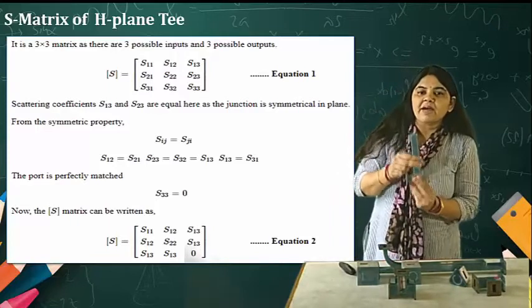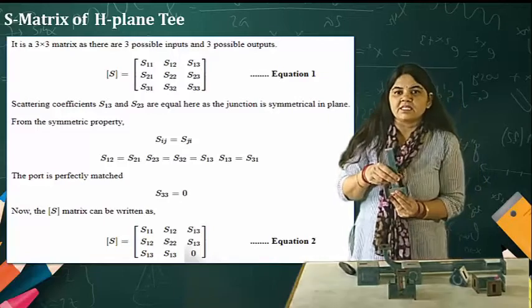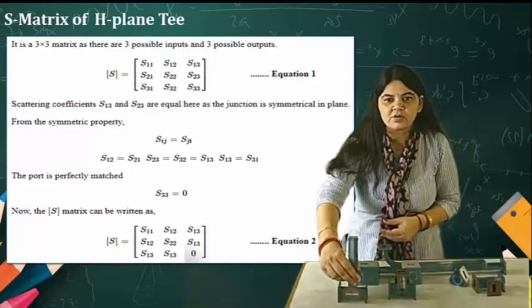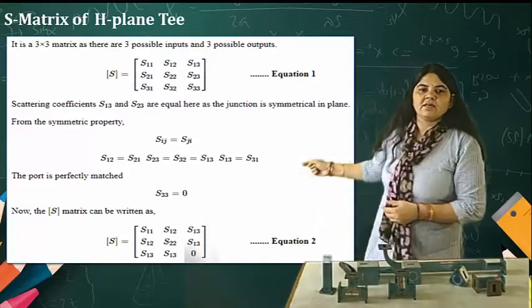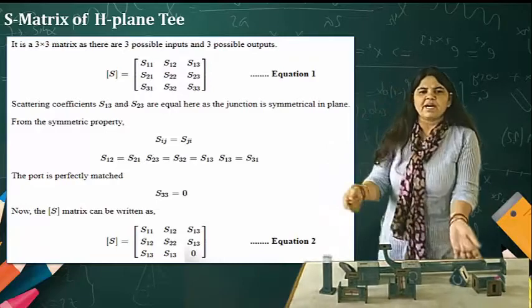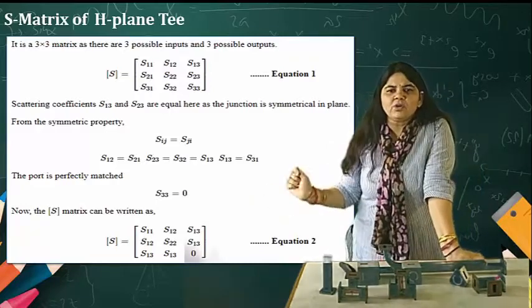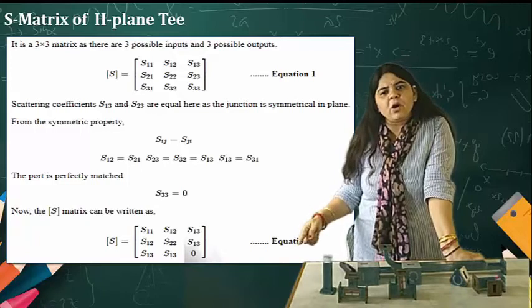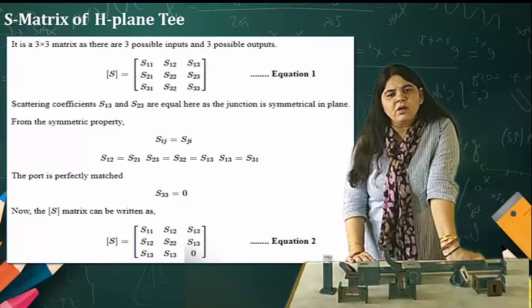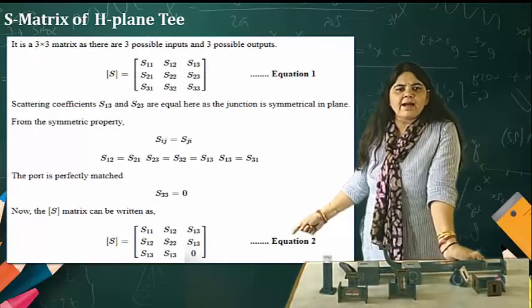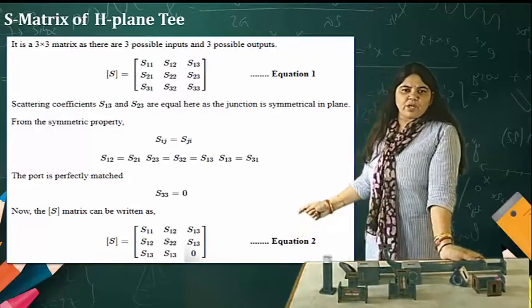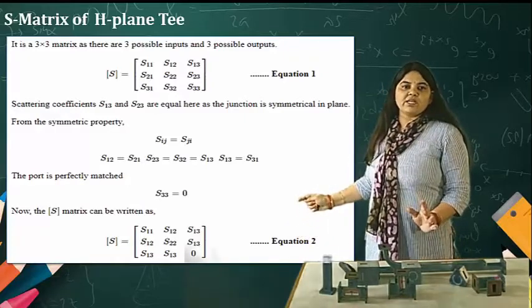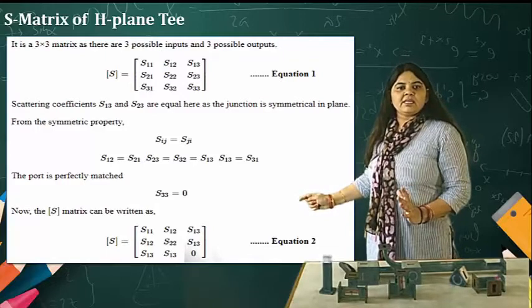So for that matched load, S33 is equal to 0. Now we are putting all the values in equation number 2, so we will have S11, S12 is S12, S13 is S13.